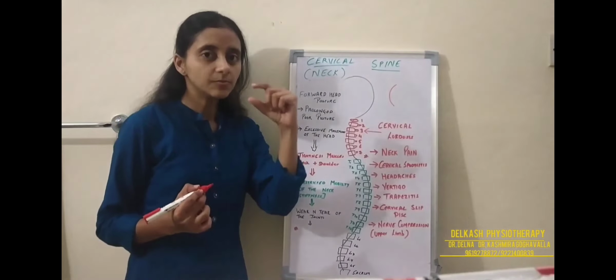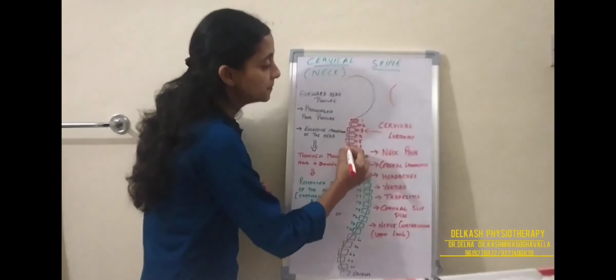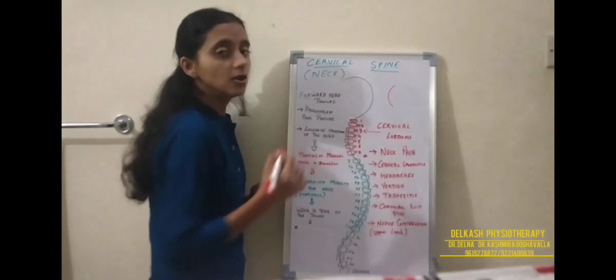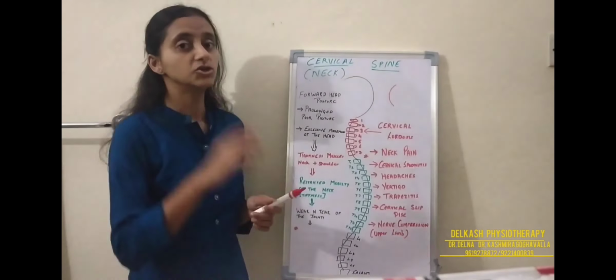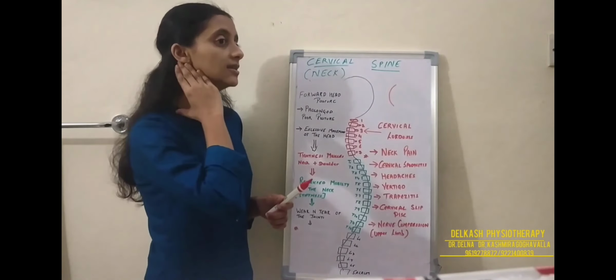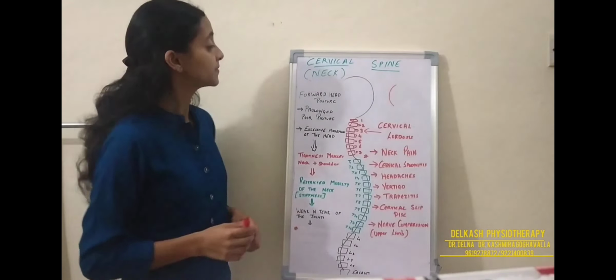So in this much region of your neck you have around 7 small pieces of bones.